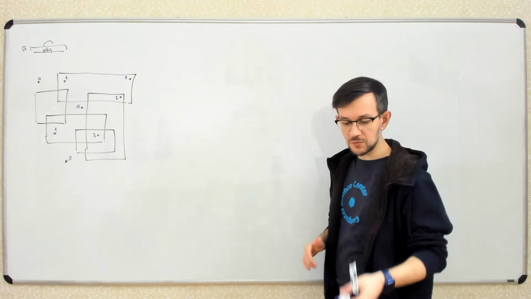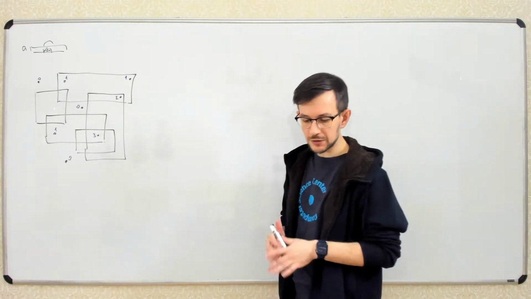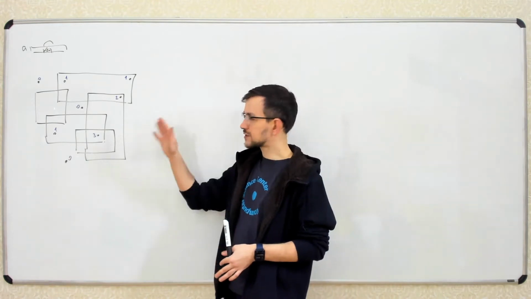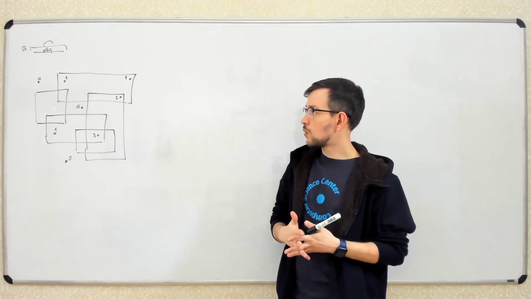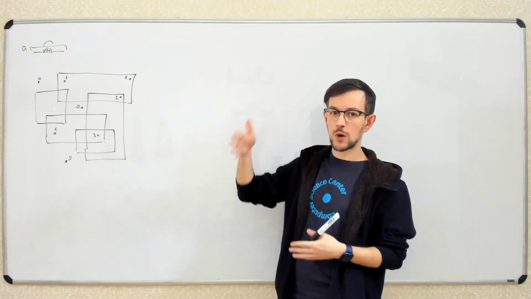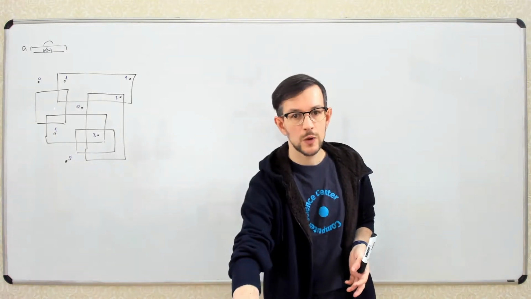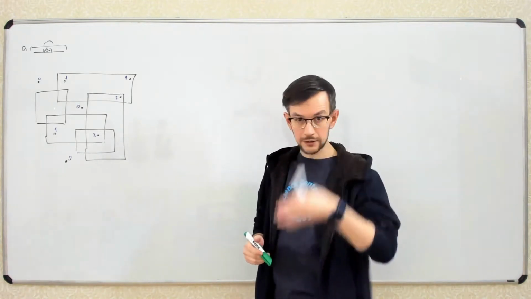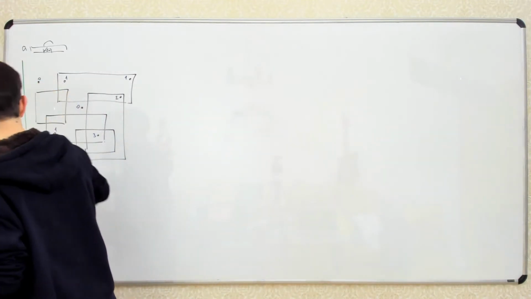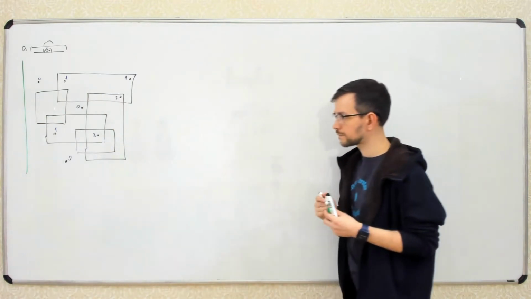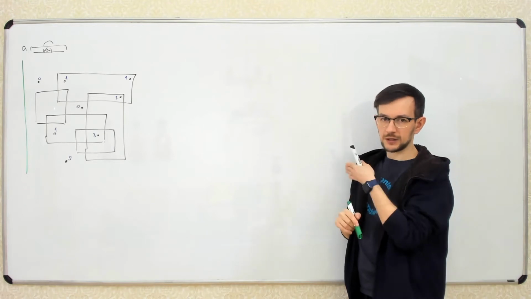Now we'll solve this problem using a technique called a sweep line. The sweep line technique works as follows. We need to answer some queries in a two-dimensional plane, so we will reduce this problem to a one-dimensional problem. It can be done in a very simple way. We'll create a vertical line and move this line across our picture.